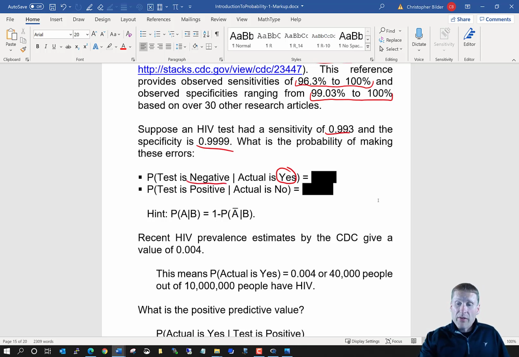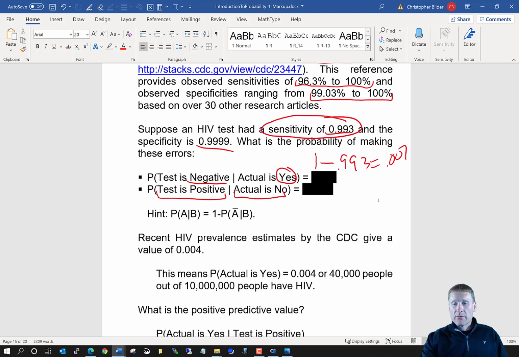Well, this is where the complement comes into play. So we take 1 minus 0.993, because the sensitivity, what's inside the probability statement, gives us what we need, and we get 0.007.